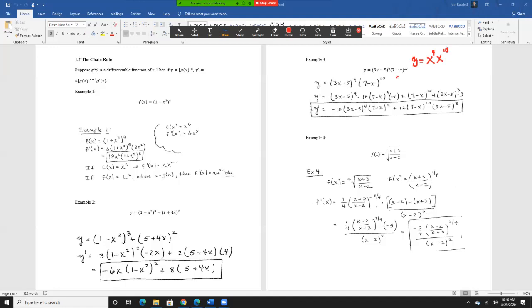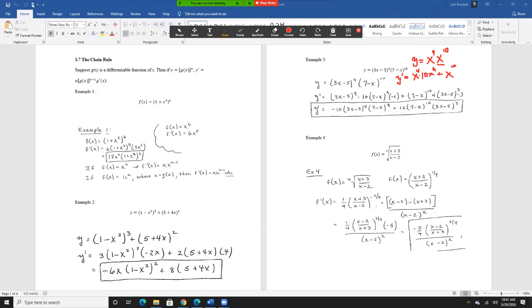Last week, we would have said, well, the derivative is going to be the first function, x to the power of 4, times the derivative of the second function. And the derivative of the second function would be 10x to the power of 9. And then we would say plus the second function times the derivative of the first.